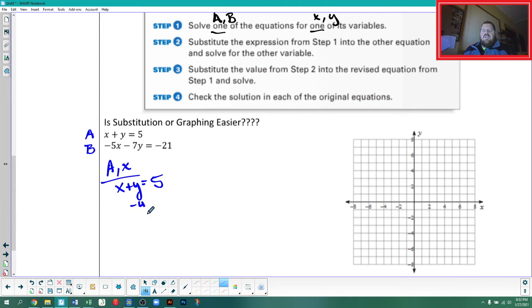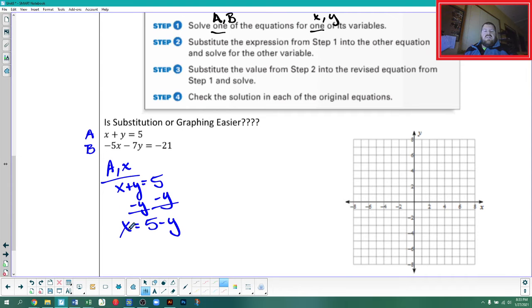And to do that, all I have to do is subtract Y. And even if Y was being multiplied by something, that's still all I would have to do. Now, I do write this a little bit funky. I'm going to say that X is equal to 5 minus Y, so that I don't have to deal with a negative Y plus 5. You can write it either way.